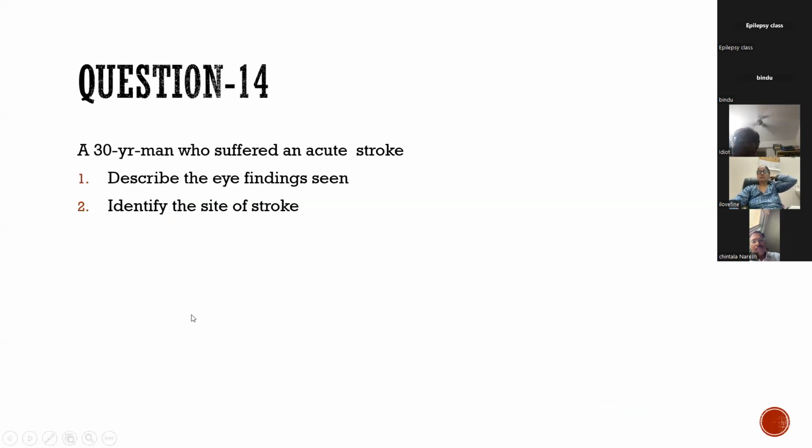Now the patient is asked to close the eye and open. So the question is, describe the eye findings and identify the site of stroke.